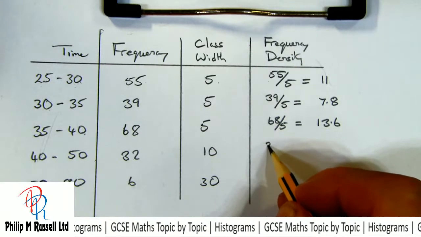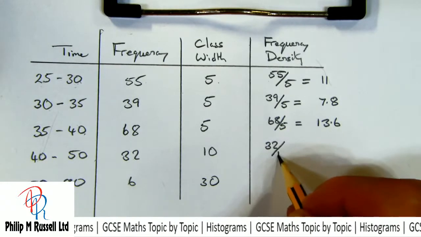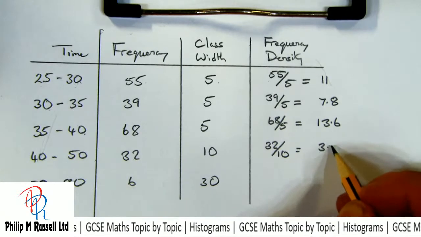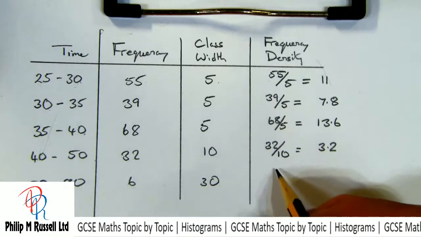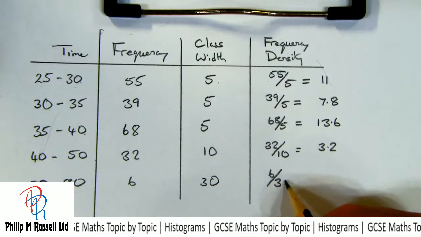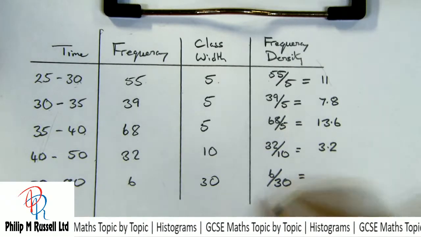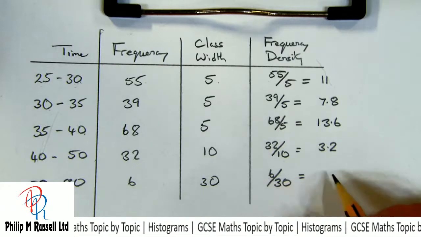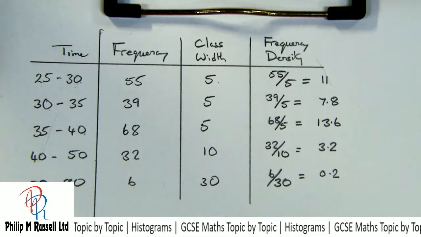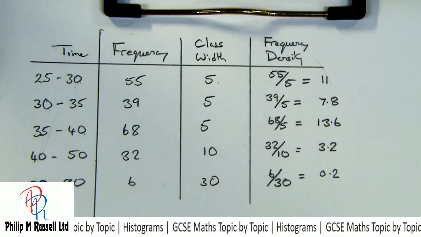We've then got 32 divided by 10, and that one's going to be really easy. That's going to give me 3.2. And the last one is 6 divided by 30, so that's going to give me 0.2. I left myself some that I could actually work out.